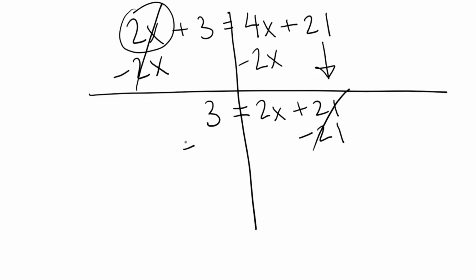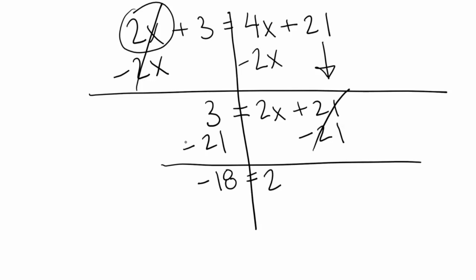And then I have to do minus 21 on the other side. So let's just do that step. So 3 minus 21, looks like I got negative numbers after all. Oh well. So 3 minus 21 would be a negative 18 equals, I'm going to bring down that 2x, and then the 21's already canceled to 0.